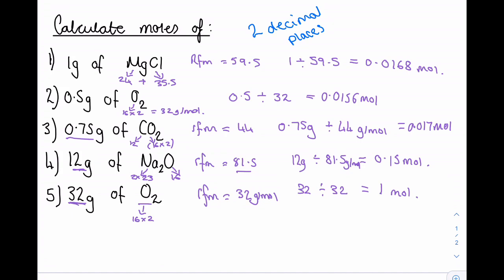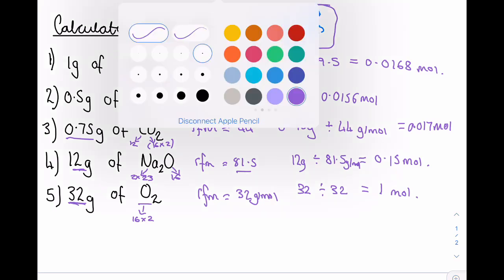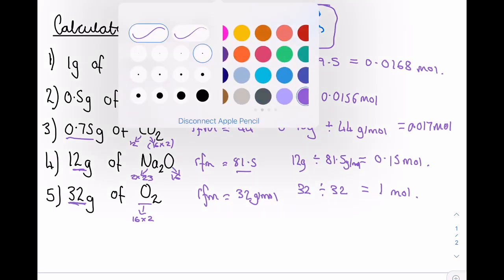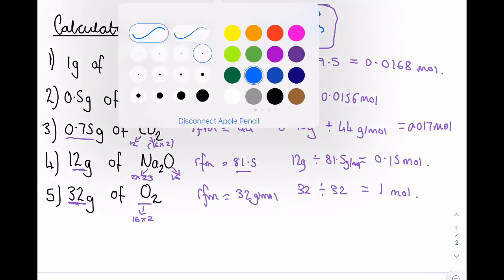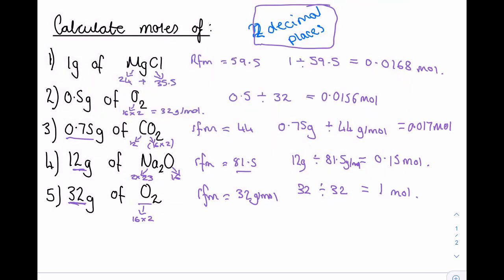Just to go back through and check that we got the correct decimal places, so we need to go back through and just check we've actually answered the question properly. And in this case we've actually missed one of the key parts of the question, which says to 2 decimal places, and it will say that, and you will miss marks if you don't go back over and just check that. So if we're just going to check, that would become 0.02 to 2 decimal places, because obviously the 6 rounds up.